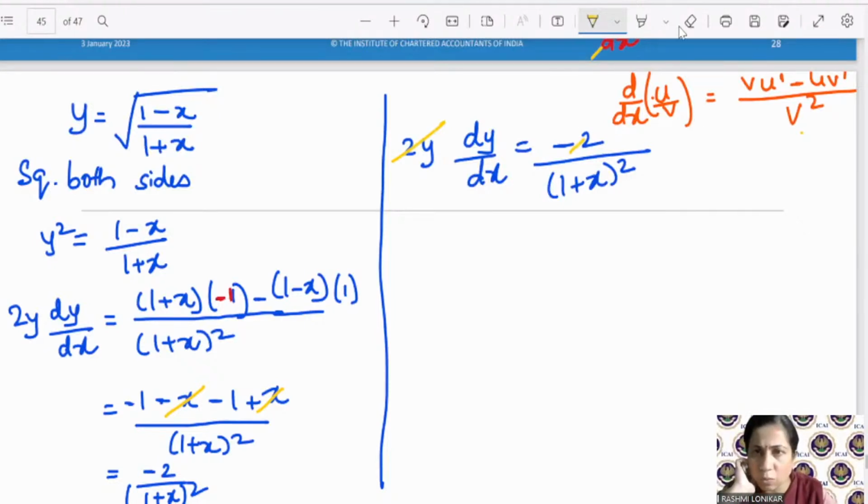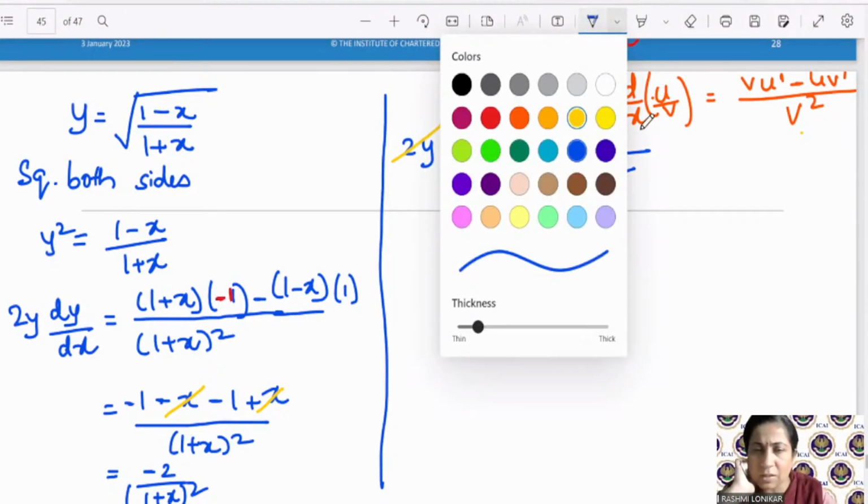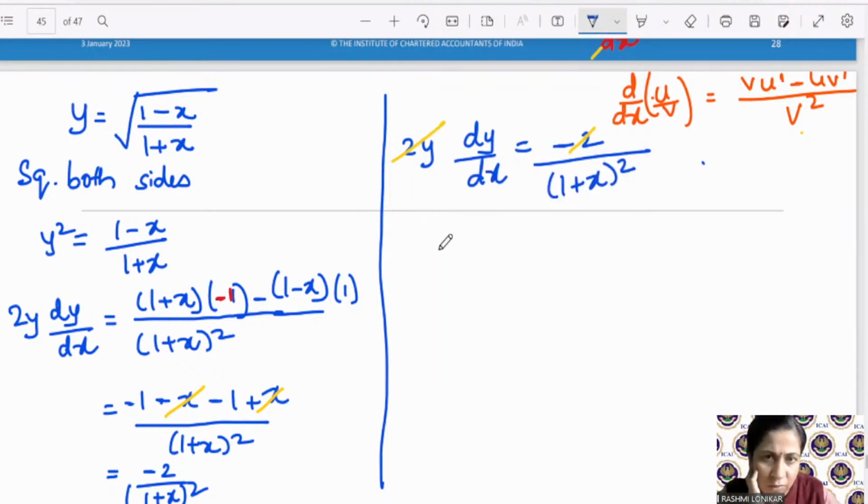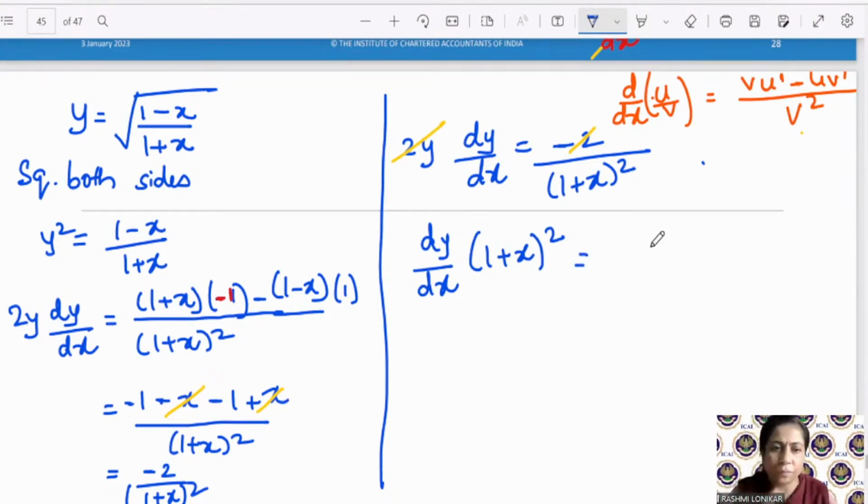Okay. So what do I have now is, I just want dy by dx. So dy by dx into this 1 plus x square, I will take it onto this side. And what will I have here? This is equal to minus 1 upon y.